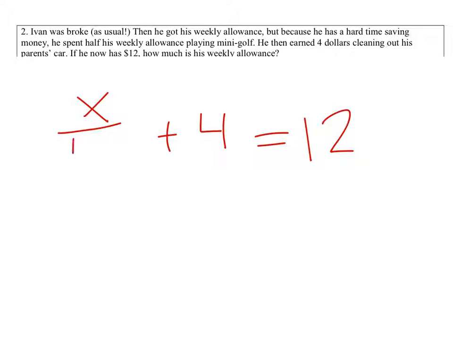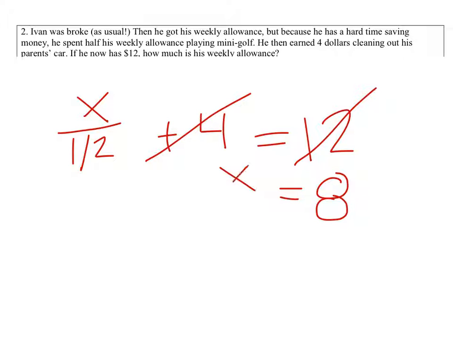So now we have to subtract 4 from both sides. That's 8 equals X divided by 2. And then we have to multiply both sides by 2.